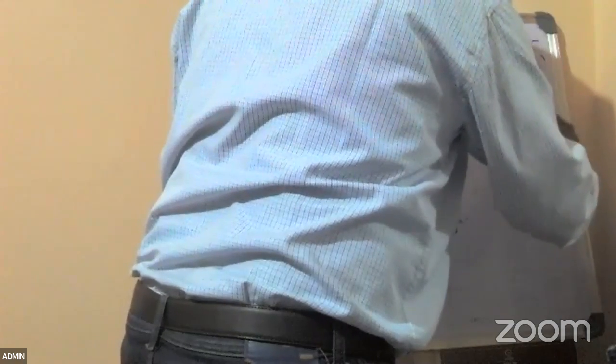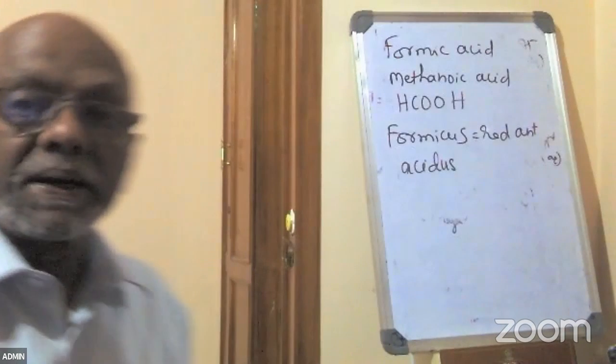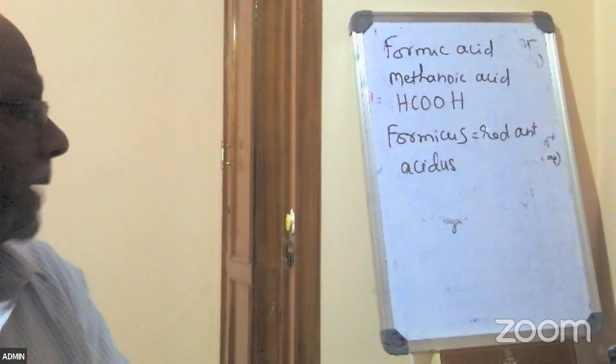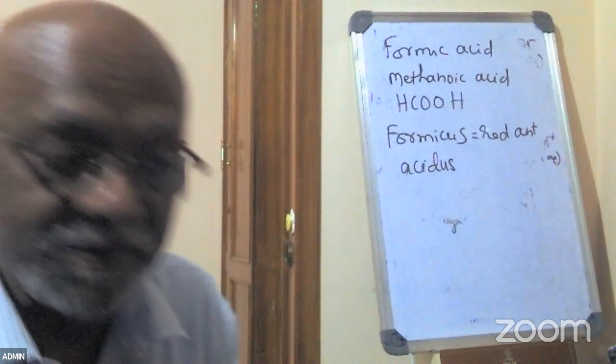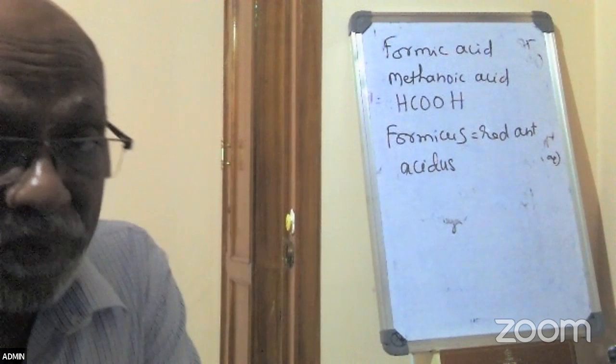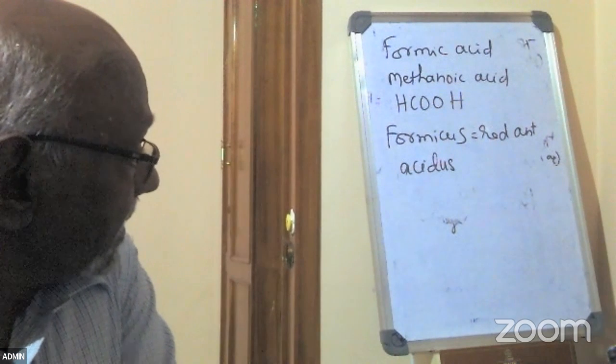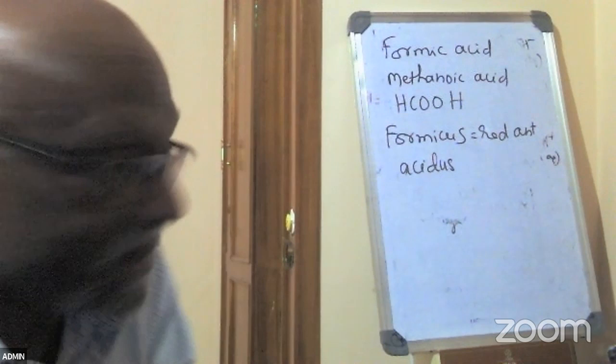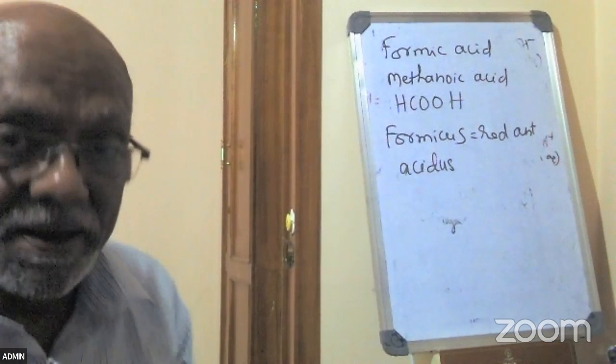This comes from two words. Formicus acidus. Formic acid, nowadays, according to IUPAC, we are supposed to call it methanoic acid. Its formula is HCOOH. And it derives its name from Formicus acidus. So Formicus meaning a red ant.